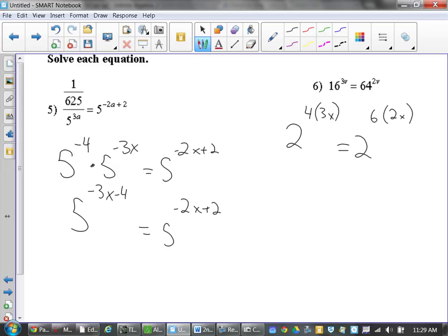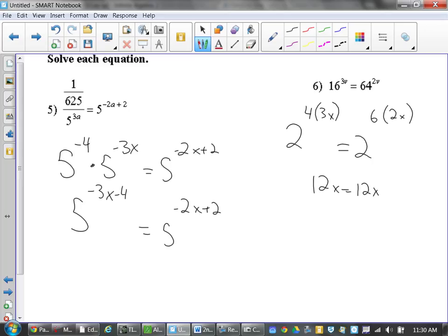Since you've got the same base, different exponents, you can just drop the exponent because you're technically doing log base 2 of both sides. And you wind up with 12x equals 12x. So x equals, what even is that? X equals everything, so it equals all real numbers. When you get to something like that, that is your all real numbers solution because it's a valid statement.